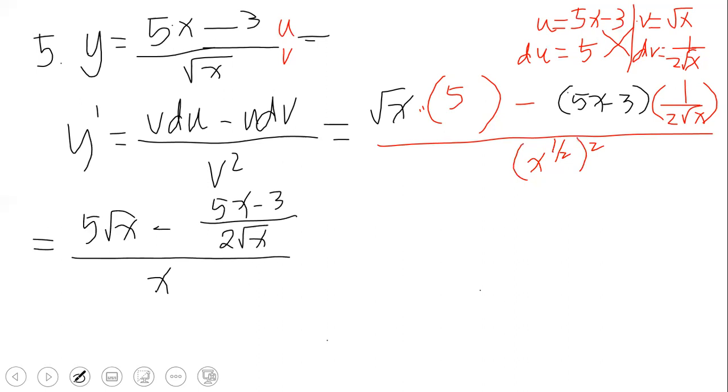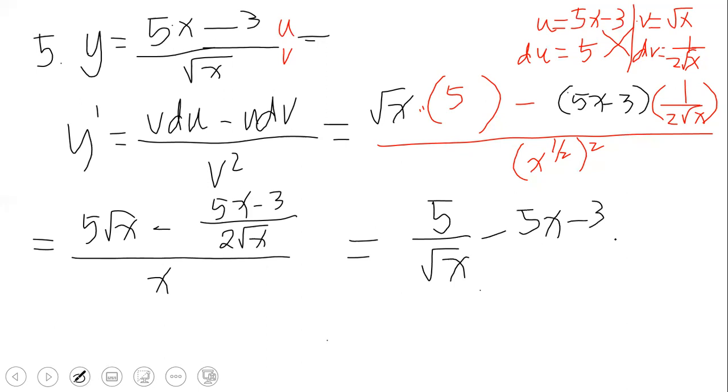Or you can also rewrite. I-rewrite na lang natin in terms of this expression. You can also rewrite 5 over square root of x. Then you also have 5 minus 5x minus 3.